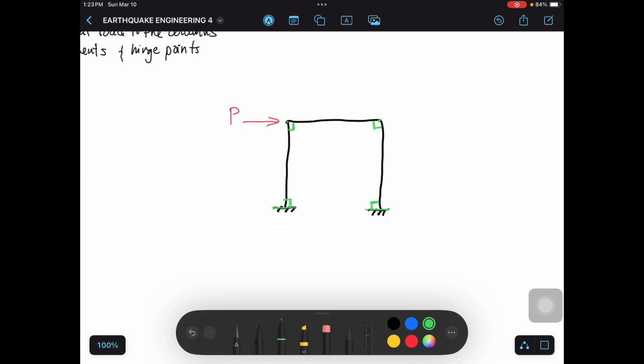Point of inflection are yung points wherein mag-change ang direction ng deflection ng structure. So, yung deflection, ibig sabihin, if this is your frame, tas pinush mo with this load P, pinush mo siya going to the right, syempre, the frame will go to the right na pag ganon. Pero, ganyan ba magiging deflection niya?